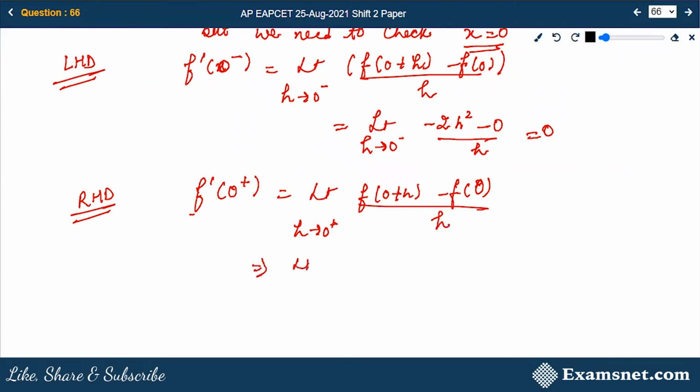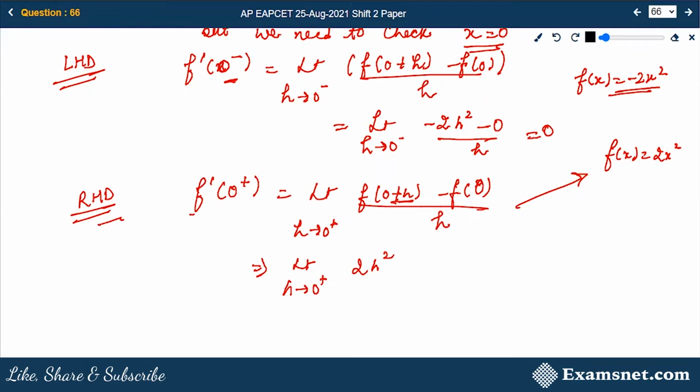This will be the limit h approaching 0 plus of 2h square, because f(x) was equal to 2x square for the positive side, and over here f(x) was equal to minus 2x square on the negative side. So for the right hand derivative, this f(x) will be considered. This will be 2h square minus 0 upon h, which is again 0 only.